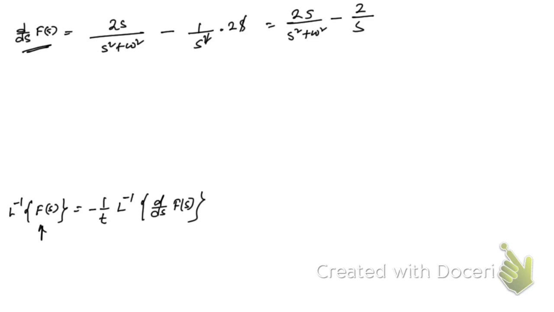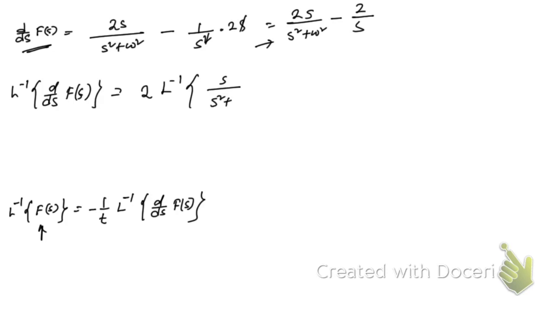So inverse Laplace transformation of d/ds of f of s is going to be equal to inverse Laplace transformation of this. So 2 can be taken out, it is constant. Inverse Laplace transformation of s by s square plus omega square, and minus 2 inverse Laplace transformation of 1 by s, right? 1 by s.